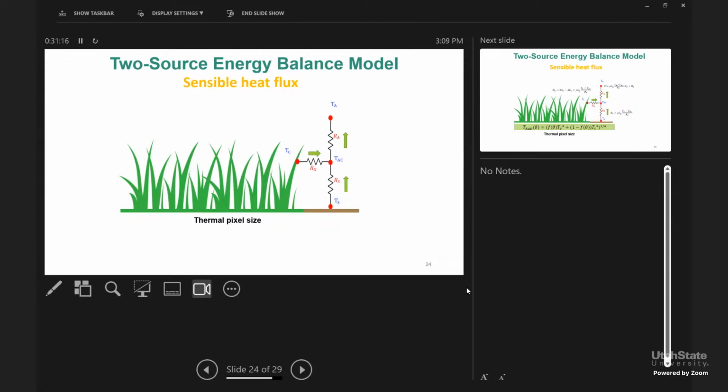So we're going to assume values for resistance of the crop and values for resistance of the soil, and we're going to start to split each of these energies. This goes for crops, this goes for soil. And those are the main inputs for the model that we want to obtain.